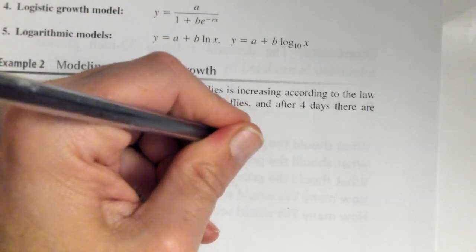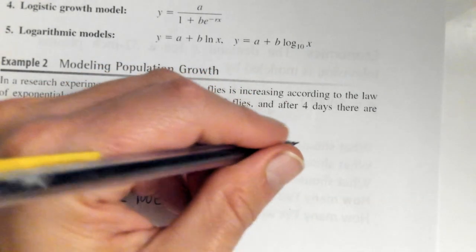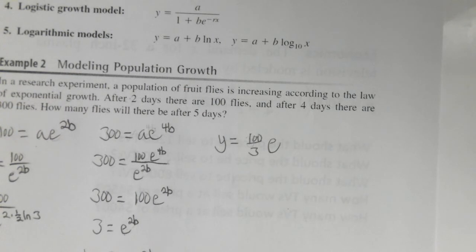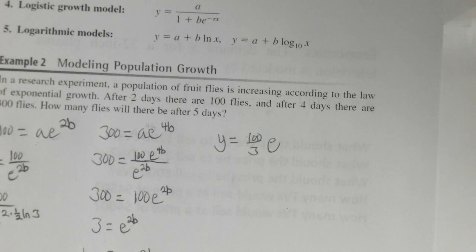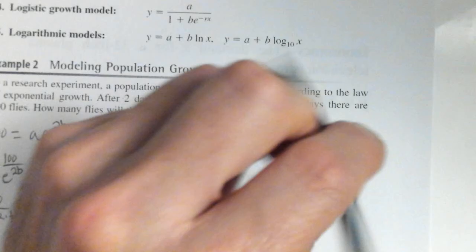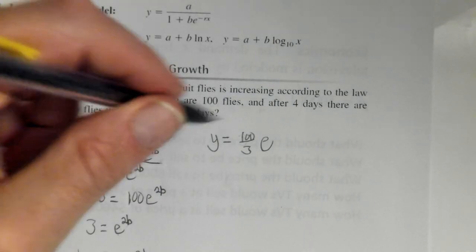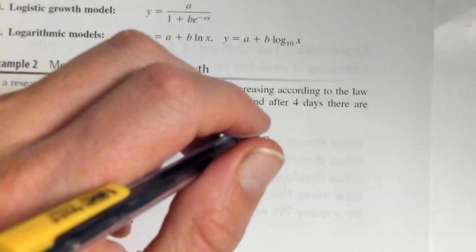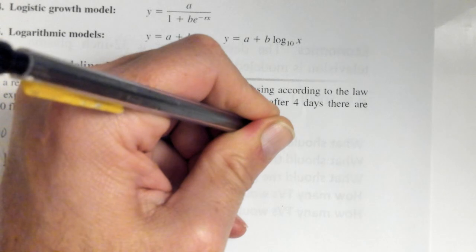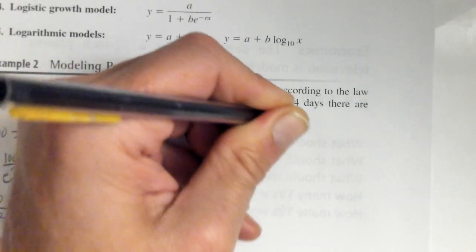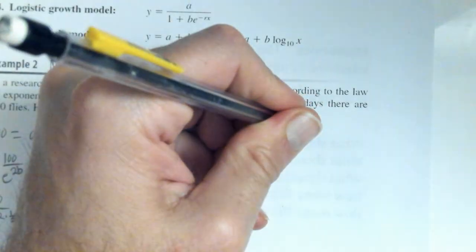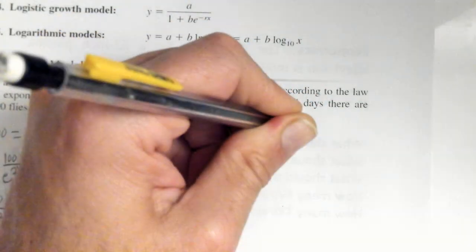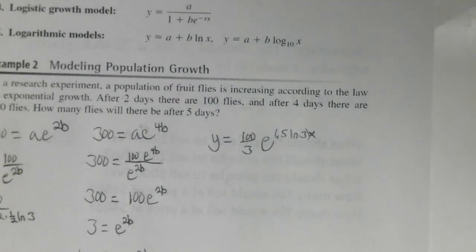Let's say that it's 100 over 3 e, okay, raised up to the, well, b, I can write in b, and I know b is going to be 0.5 natural log of 3, and then all that has x behind it, right?